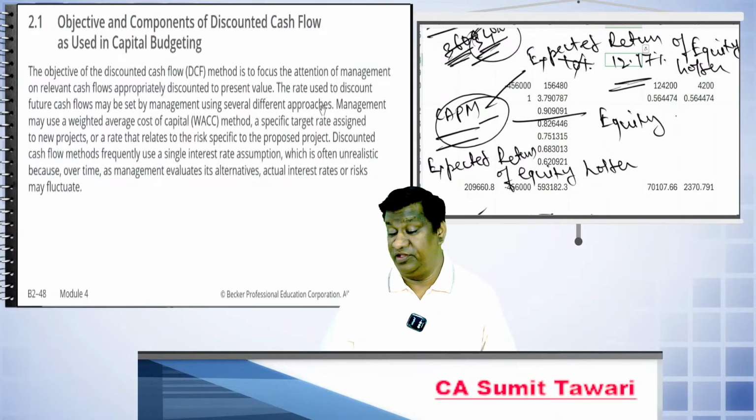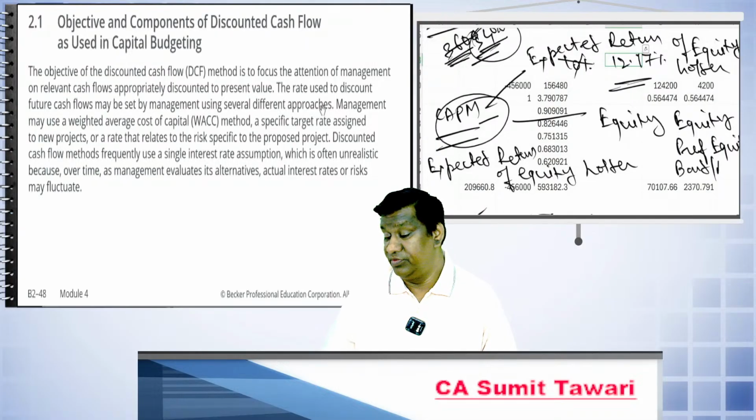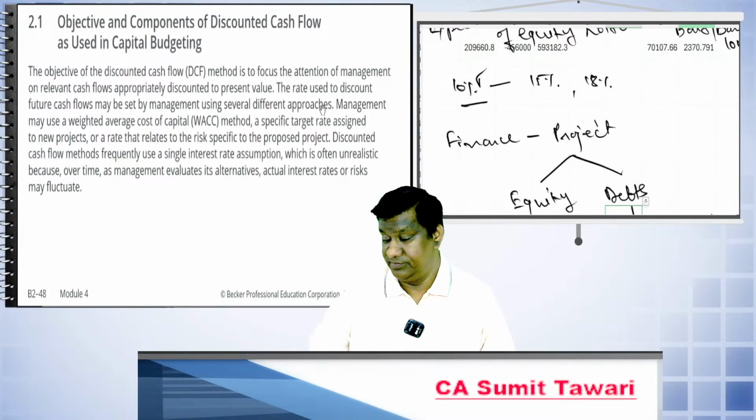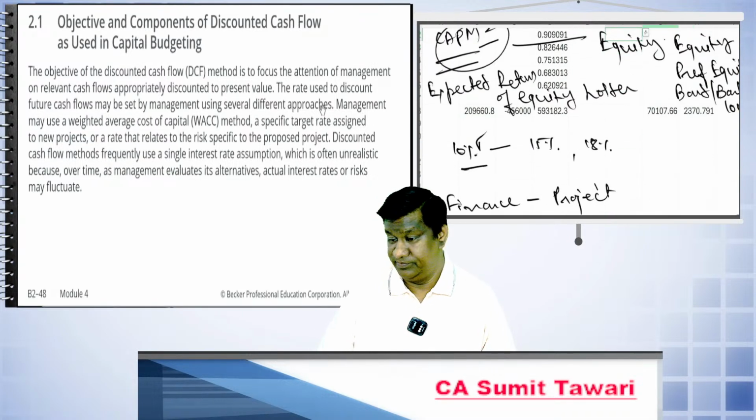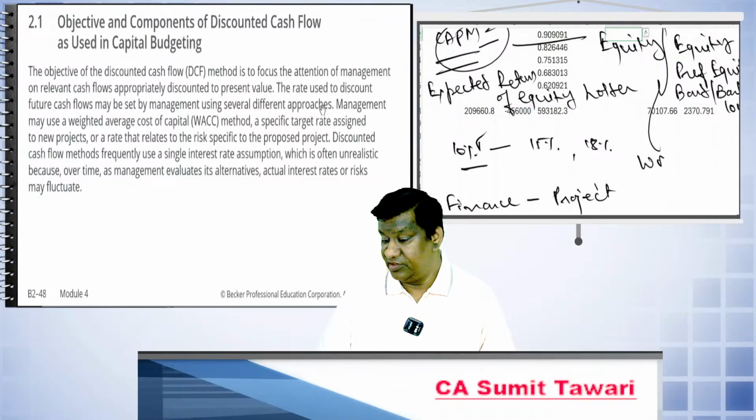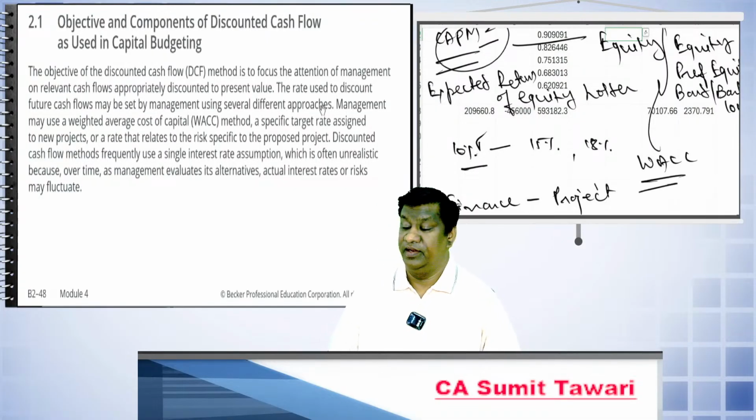But if you are using a mix of sources like equity, preference equity, then bond or bank loan, then you need to calculate the weighted average cost of capital. Any doubt, any issue?